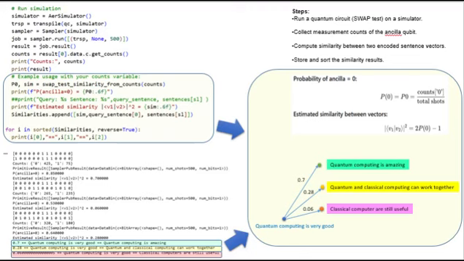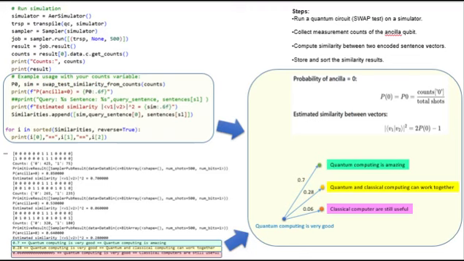We transpile the circuit so it matches the simulator's gate set. We run it 500 times, or shots. This gives us reliable measurement statistics. The job returns a result dictionary with counts for the ancilla bit. This tells us how many times the ancilla ended as 0 or 1.